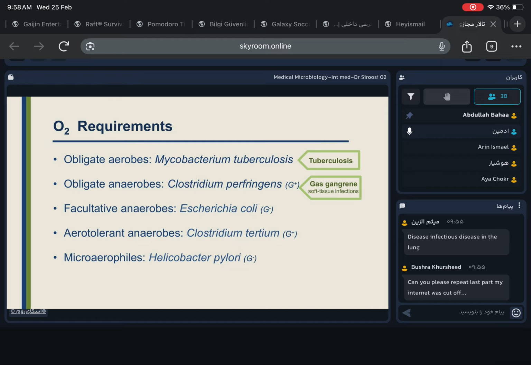If someone has a wound and the spores of this bacterium get access to the wound, they start to germinate, and they cause gas gangrene, which is a soft tissue infection. We will be talking more about gas gangrene.